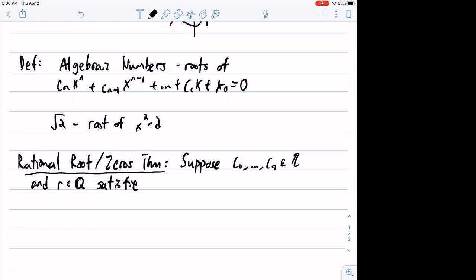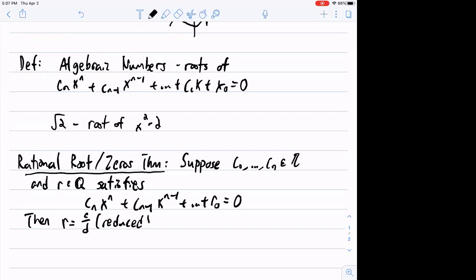If you have a rational solution that satisfies a polynomial equation, there are some conditions on it. Well, first off, we could always write r in lowest terms, hopefully you all know what I mean by this.